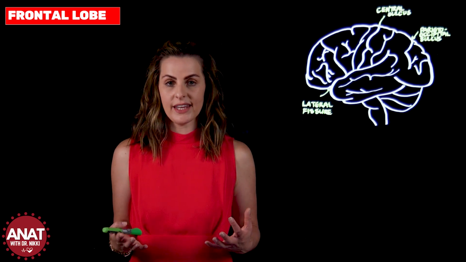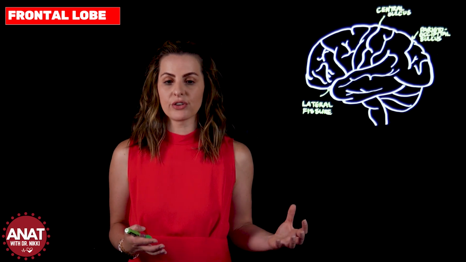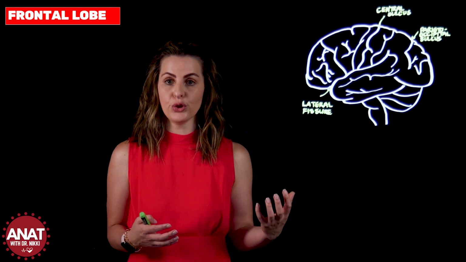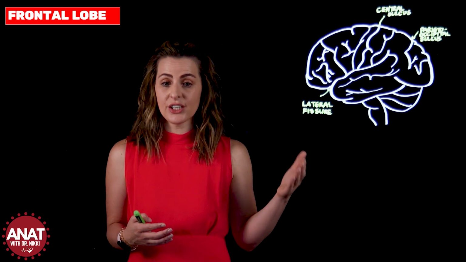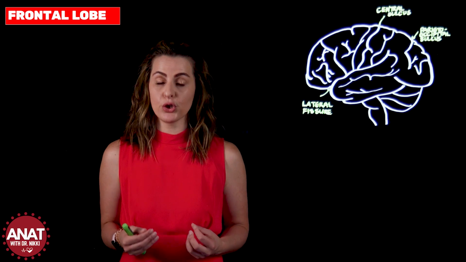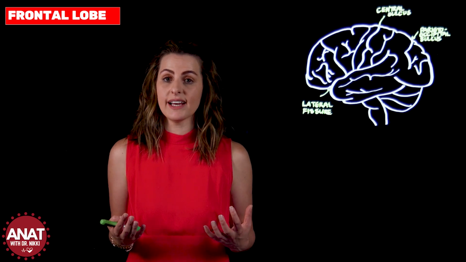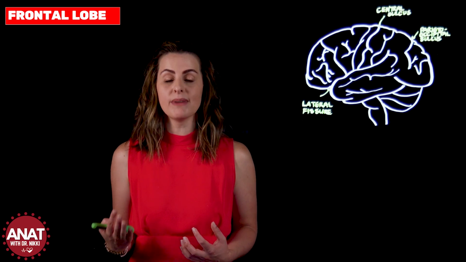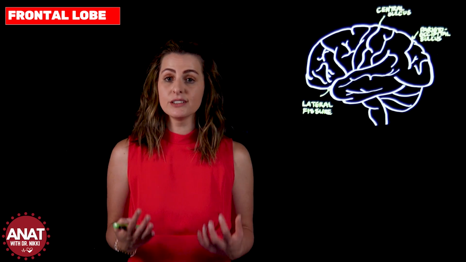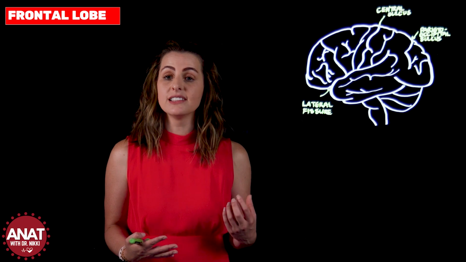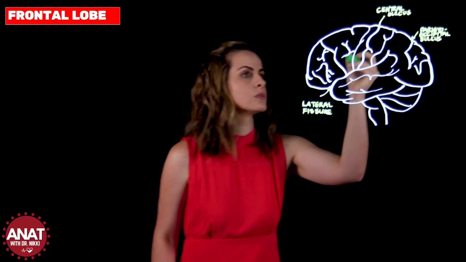Using the color green then, in the pre-central gyrus, specifically the most posterior strip of the frontal lobe, or immediately anterior to that central sulcus, we find the primary motor cortex. This cortex represents a topographically organized map of the skeletal muscles of the body, and it is responsible for our voluntary movements, that is, the initiation of movement, as well as fine motor movement.